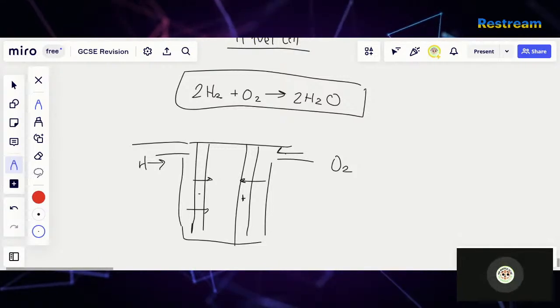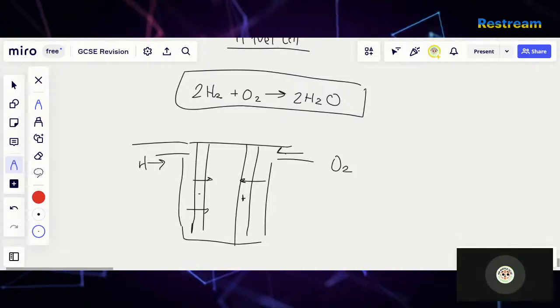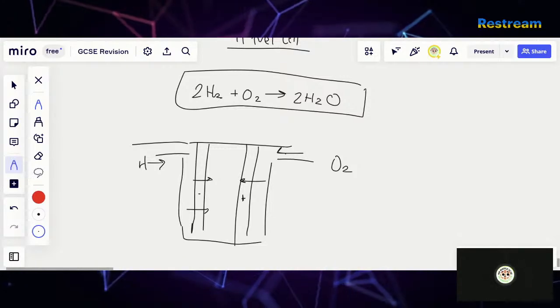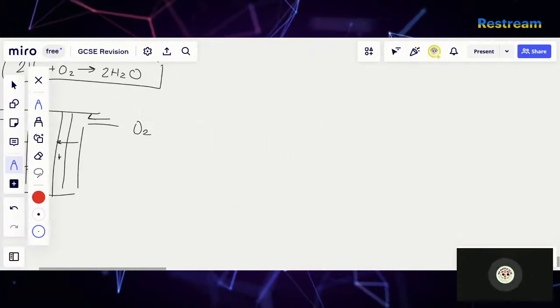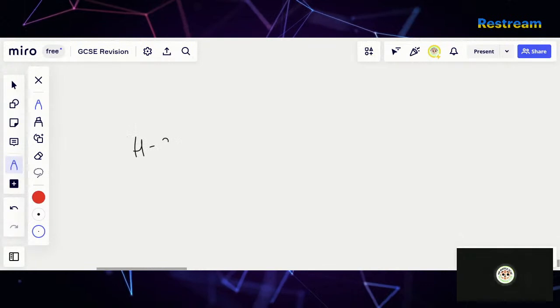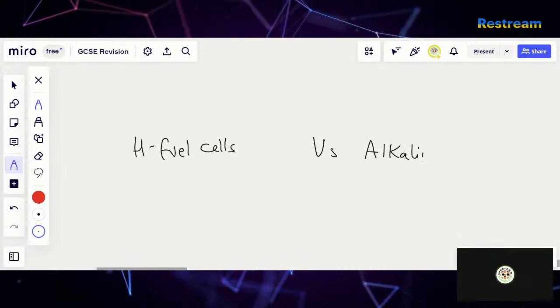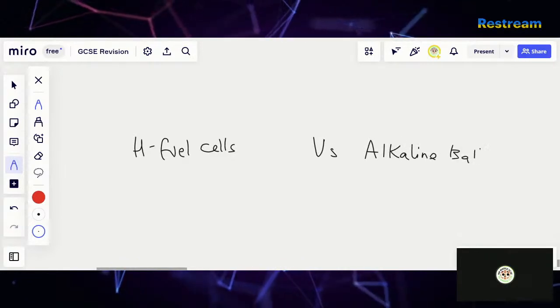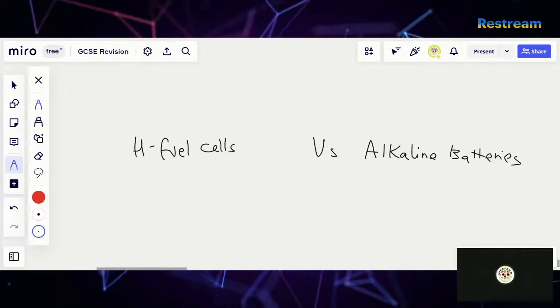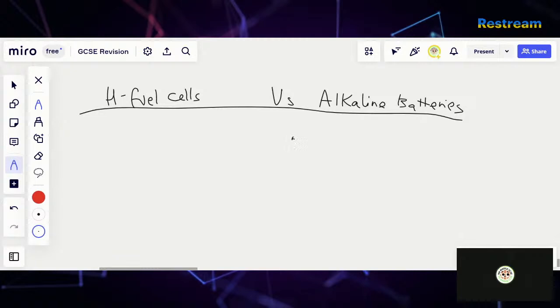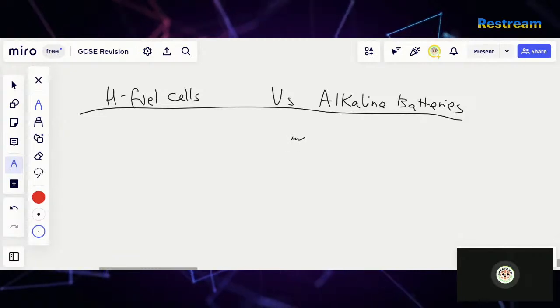Finally, give 2 advantages of using hydrogen fuel cells instead of using rechargeable batteries to power cars. So now we're comparing hydrogen fuel cells to alkaline batteries, not alkaline batteries, rechargeable batteries.